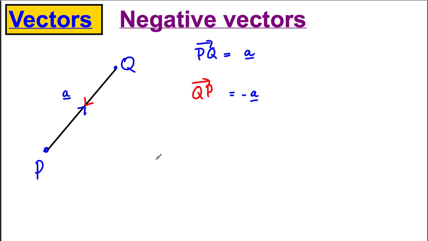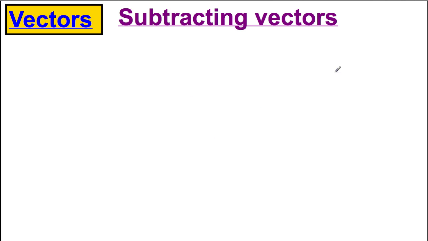A negative vector just goes in the opposite direction to the positive vector, but it has the same magnitude, obviously, but in the opposite direction. So that's what negative vectors are. And one of the last things we need to talk about is subtracting vectors. How do you subtract a vector?